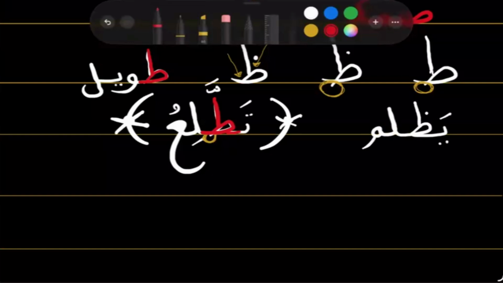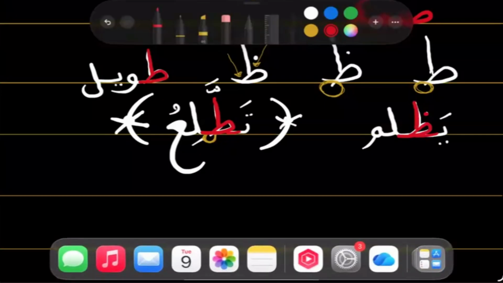Here's the dha connecting from the letter before it. Here's the dha itself connecting to the letter after it. And then the scorpion tail connecting, and it has a dot. I was looking for Suratul Buruj.